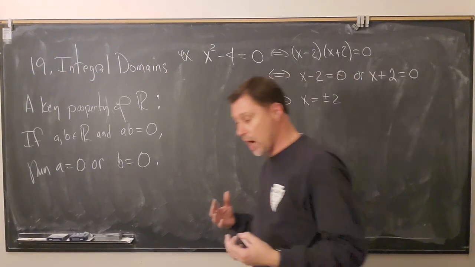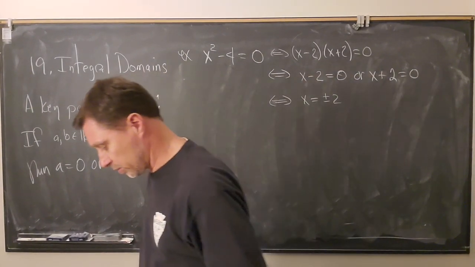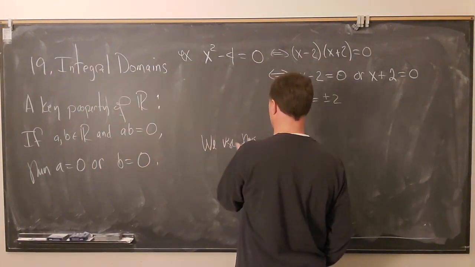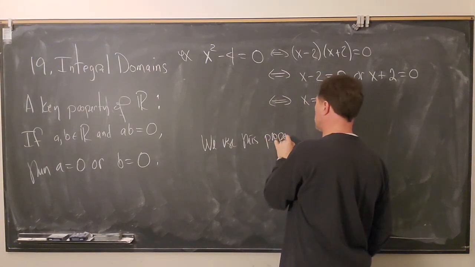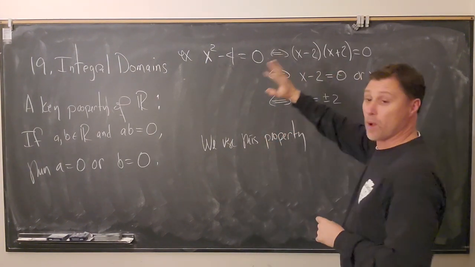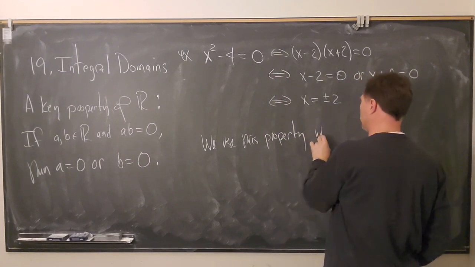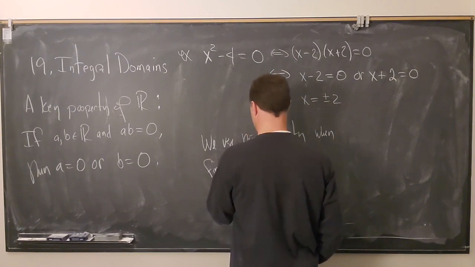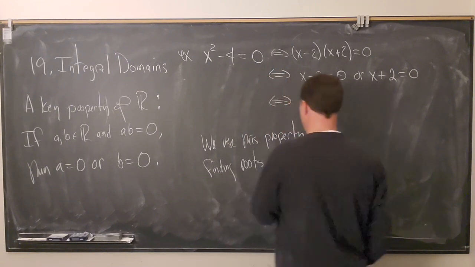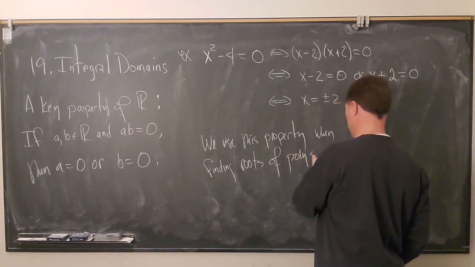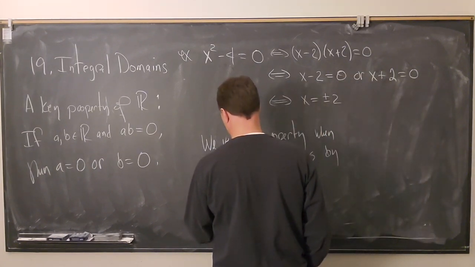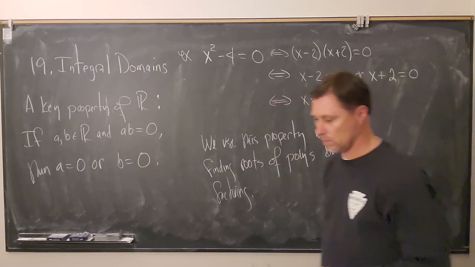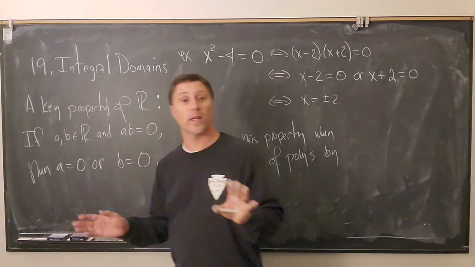So we use this property when finding roots of polynomials by factoring. This is a crucial property of the real numbers. But this property does not hold in all rings.